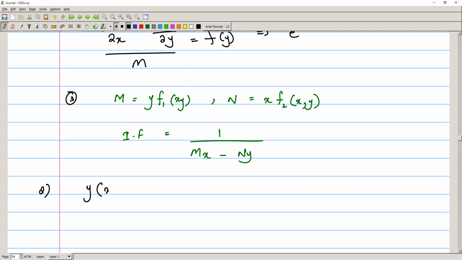y times (xy plus 2x squared y squared) dx plus x times (xy minus x squared y squared) dy is equal to 0.